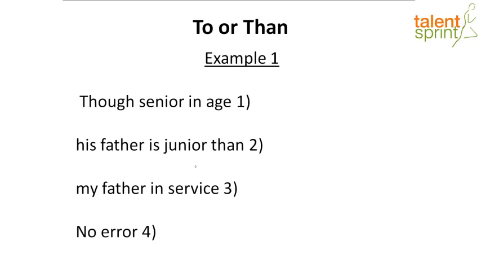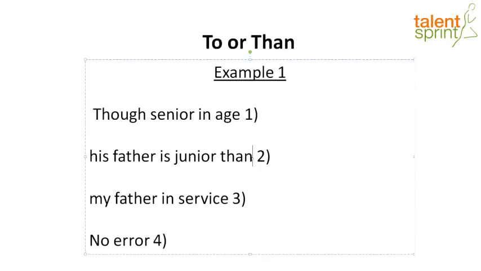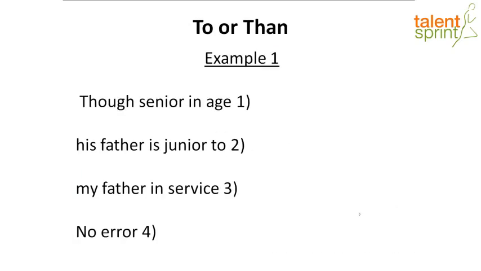His father is junior to my father in service, right? So the error is in part 2. We go ahead and change "then" to "to". Let's do that. Right? Though senior in age, his father is junior to my father in service.